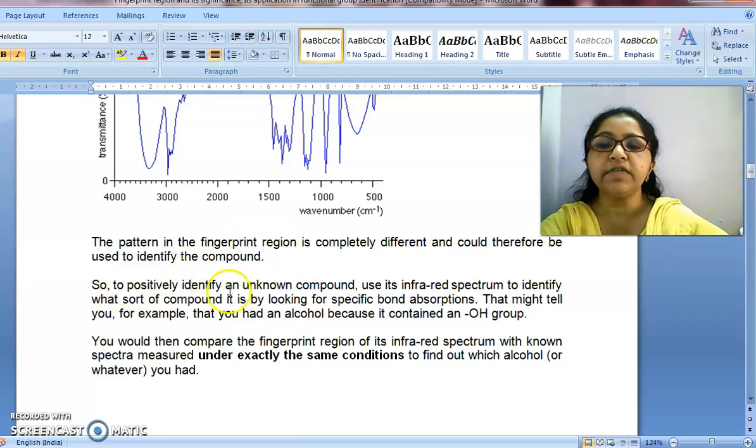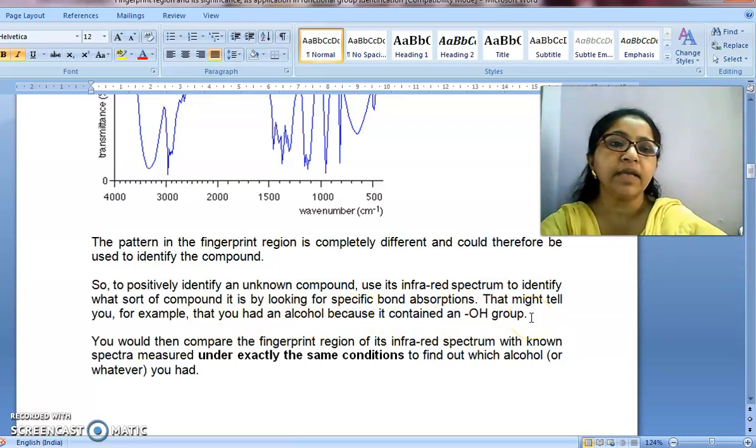So, to positively identify an unknown compound, use its infrared spectrum to identify what sort of compound it is by looking for specific bond absorptions. That might tell you, for example, that you had an alcohol because it contained an OH group.